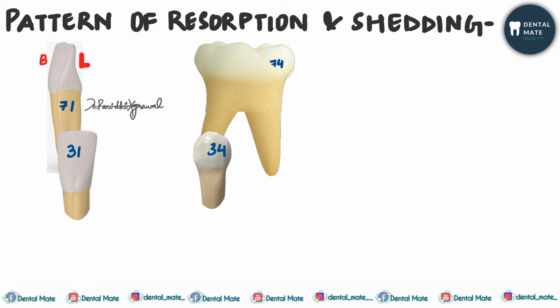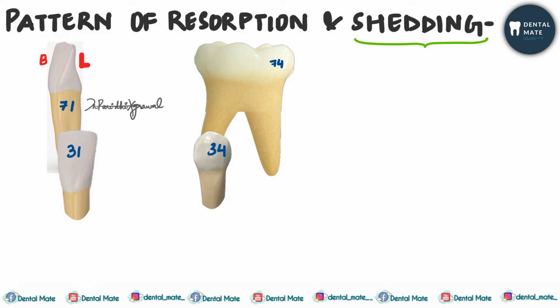Okay, now if we talk about the shedding patterns. So for the deciduous molars, first the resorption is seen in the inner aspect of the deciduous molar tooth, and then it slowly resorbs the root from the apex, and it continues till the root is completely resorbed and exfoliated.